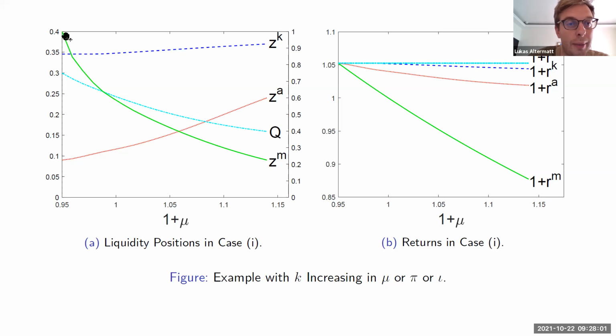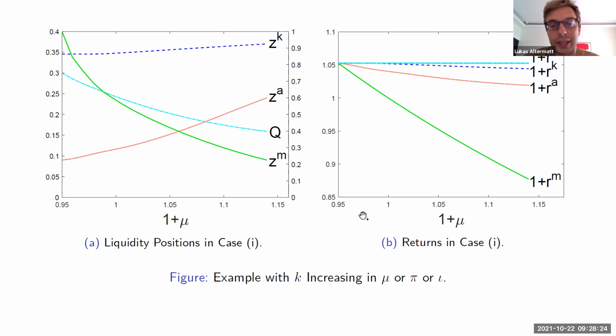You see that ZM goes down, of course, agents want to hold less money. And instead, because in some meetings agents can use assets or capital instead of money, to make up for lower holdings of money, they want to increase asset holdings and capital holdings. So this is more or less the standard result. And also all returns go down.